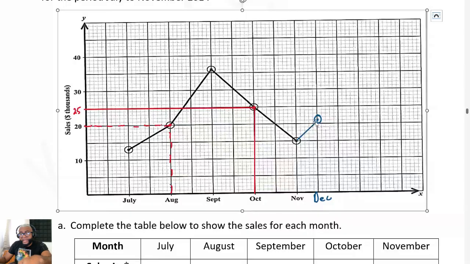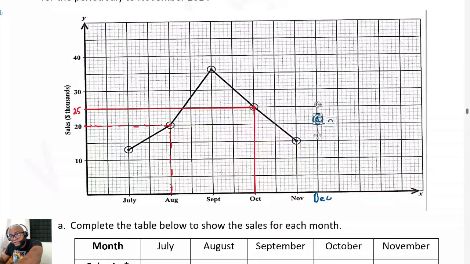You get a big fat X. You see what I'm talking about? So this December is supposed to be here, and 21, we put the 21 here, and you're drawing a straight line here. Raise your hand if you did this.